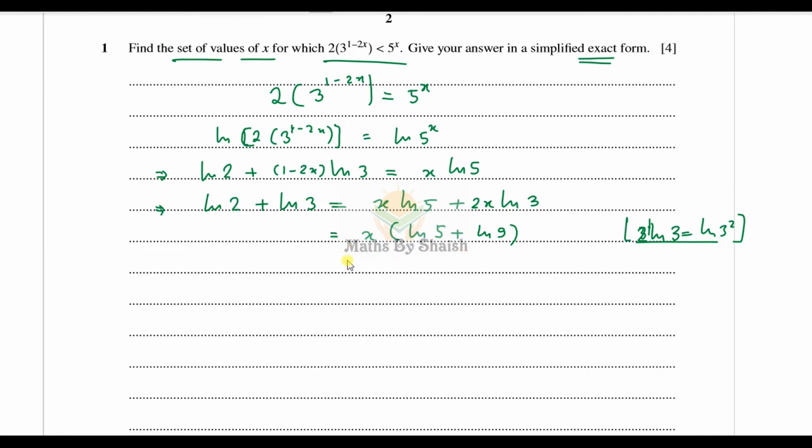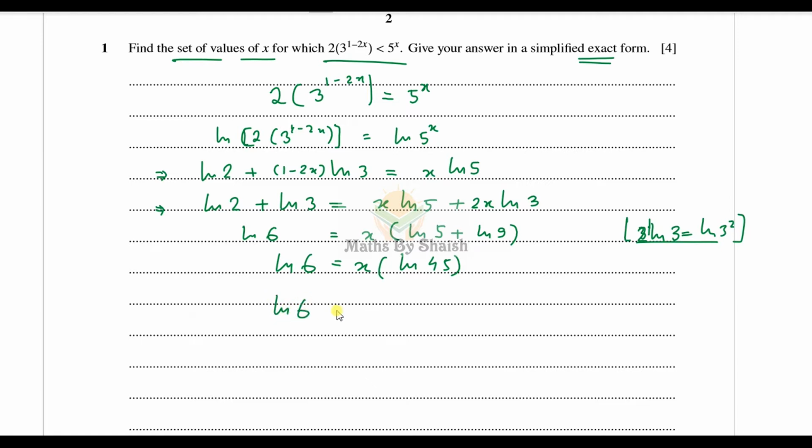And now we'll again use the property of addition. If this is addition, it would be ln 9 times 5, 9 fives are 45. And on this side it becomes ln 2 into 3, that is 6. So ln 6 here. So at the last we'll see, since this is greater than 1, the inequality will be as it is.